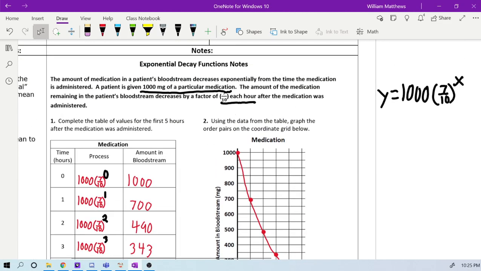But when it starts becoming close to zero, if we start checking on a table, all the way down to 17, I still have not reached zero.